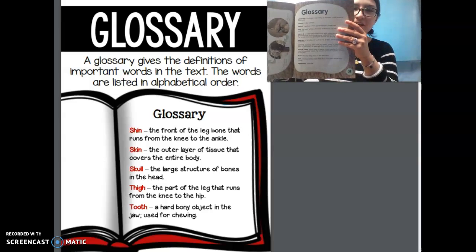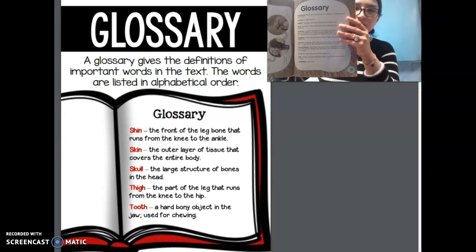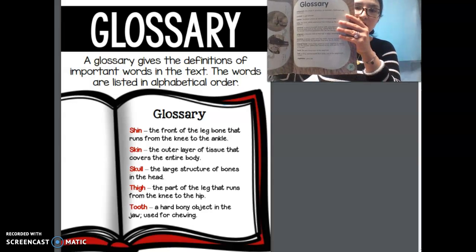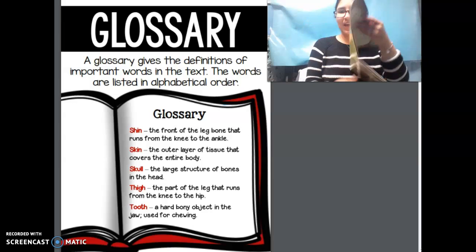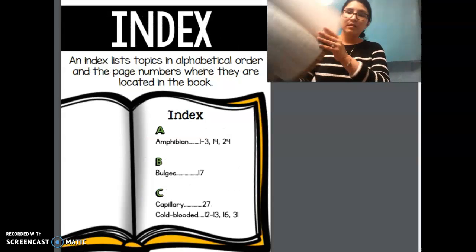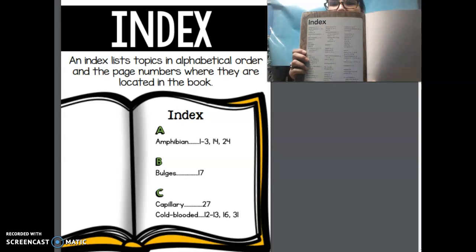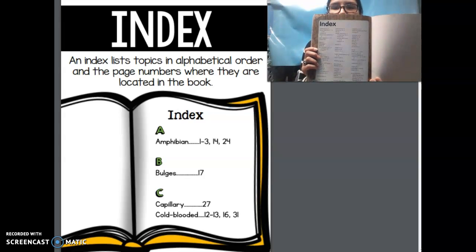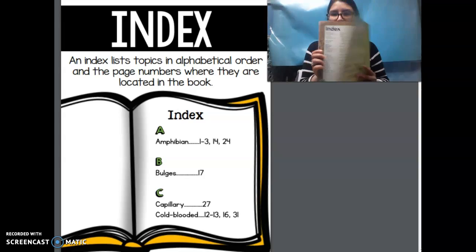So glossary. A glossary gives you definitions, what the word means, in the text. The words are listed in alphabetical order. Okay? Then index, find it right here, also at the end of a book. Okay? Just like the example, the index. An index lists topics in alphabetical order and the page numbers where they are located in the book.